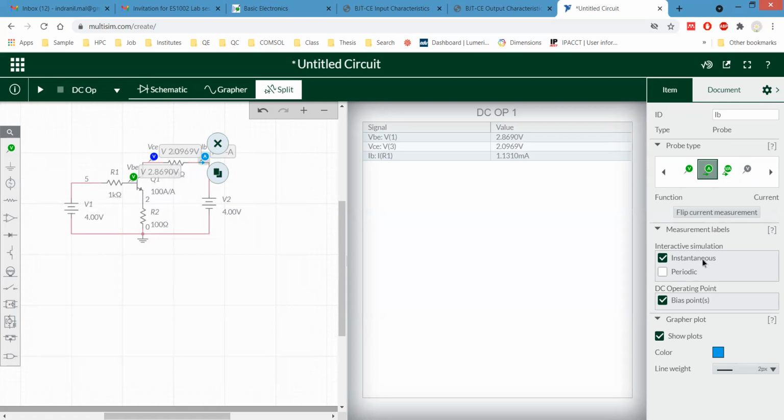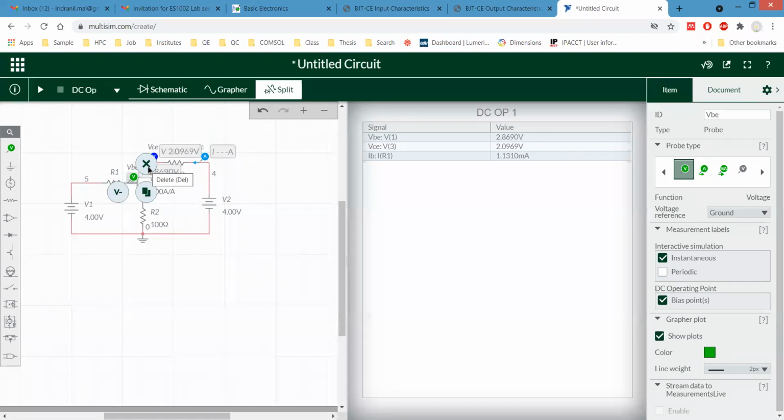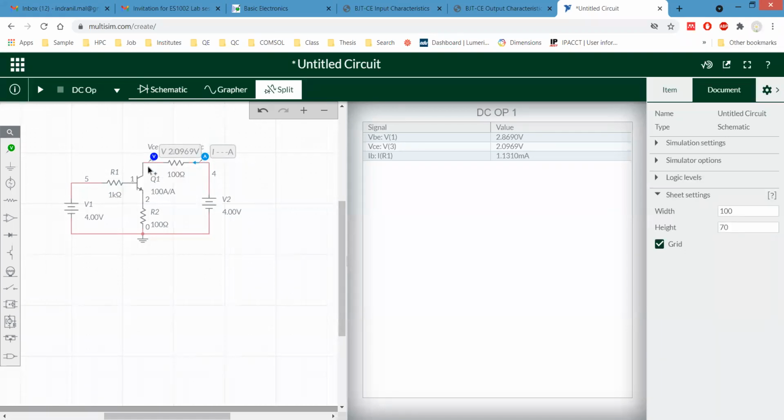Okay, this is IC, but it is in the opposite direction to what you have applied. What else do we need? VC. This one we do not need, let's remove it. Then we need VC. One more thing we need is IB.